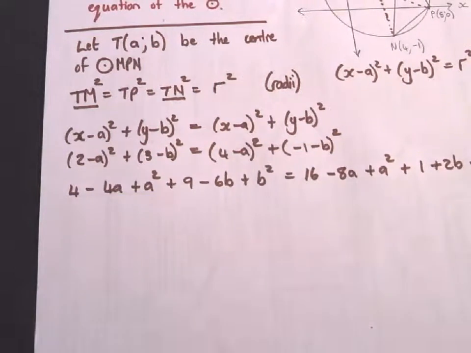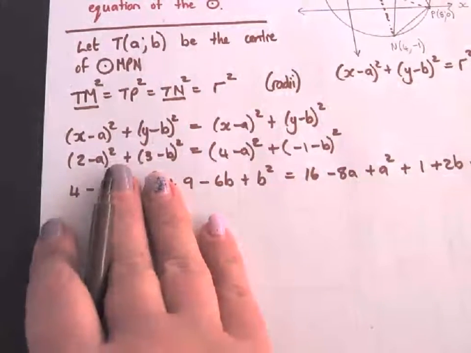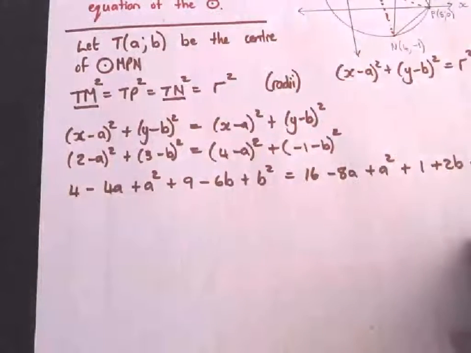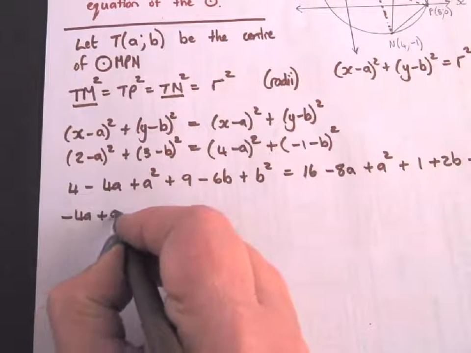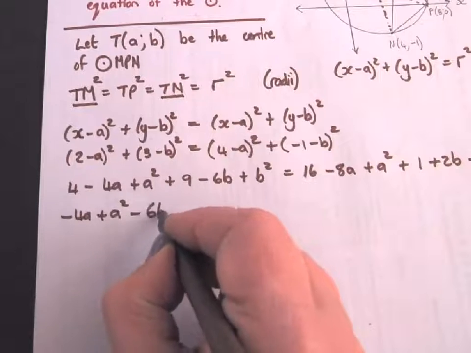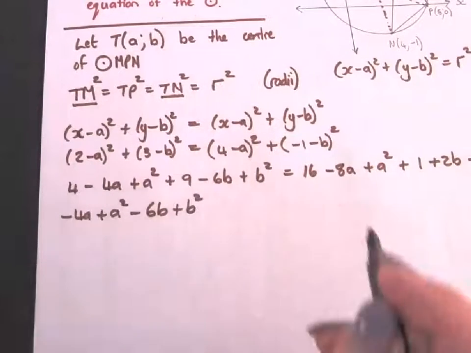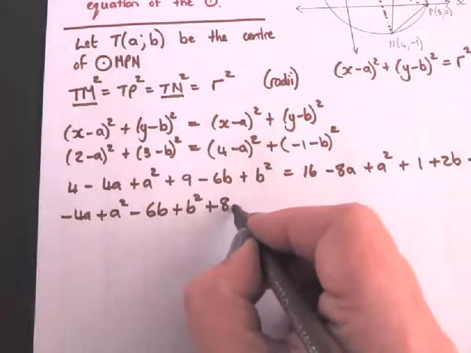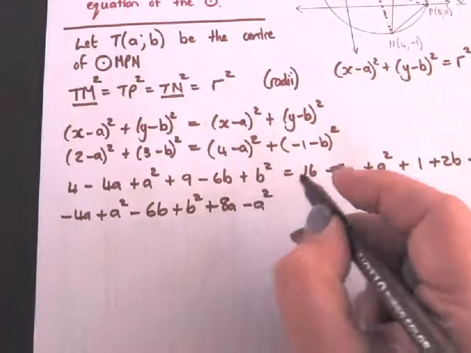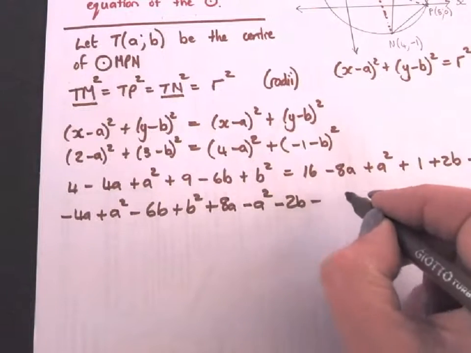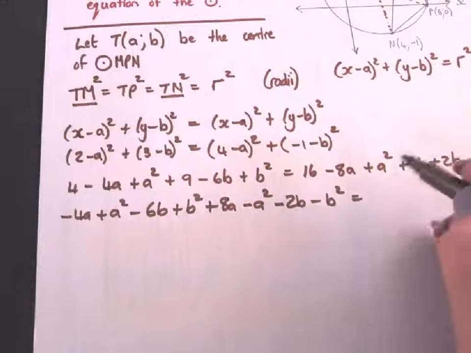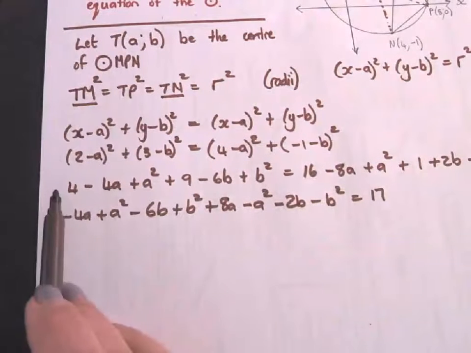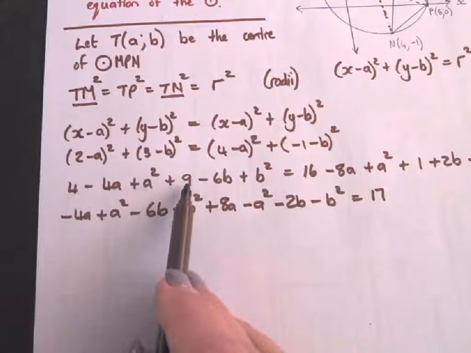I'm going to take all the variables to the left-hand side and all the constants to the right-hand side. Negative 4a plus a squared minus 6b plus b squared plus 8a minus a squared minus 2b minus b squared equals 16 plus 1 is 17 and 4 plus 9 is 13.